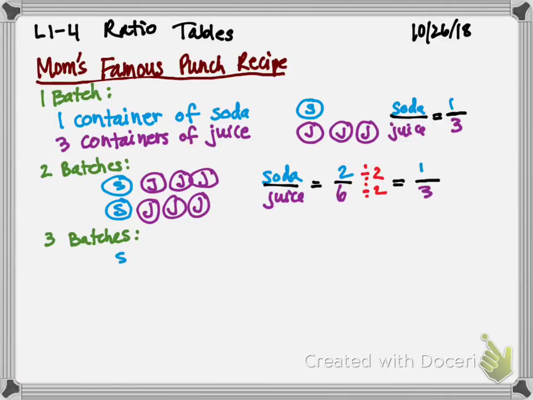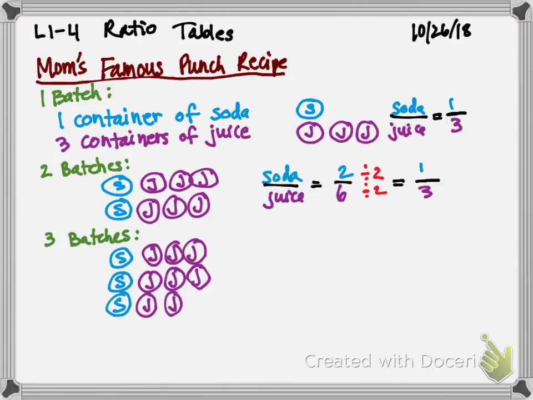So we end up getting 3 containers of soda. And for each container of soda, we're going to have 3 containers of juice. And again, we can do all sorts of combinations. You guys ever had that Cactus Cooler? Kind of an orangey drink. That's really good with pineapple juice.